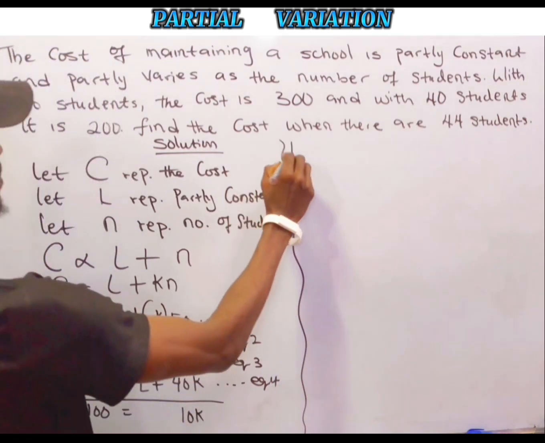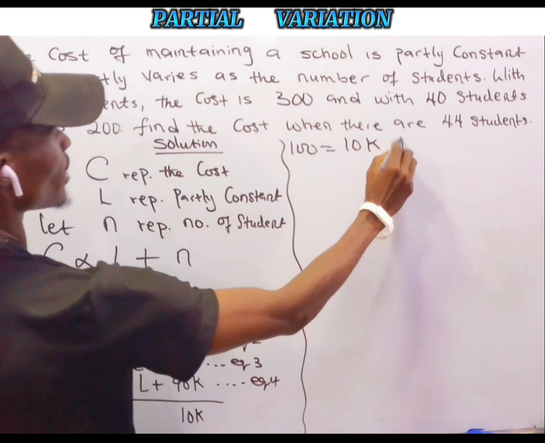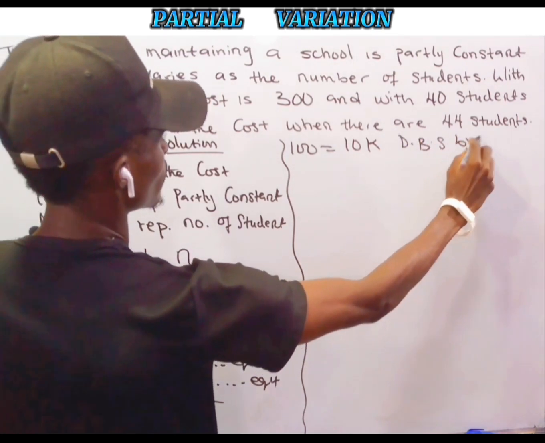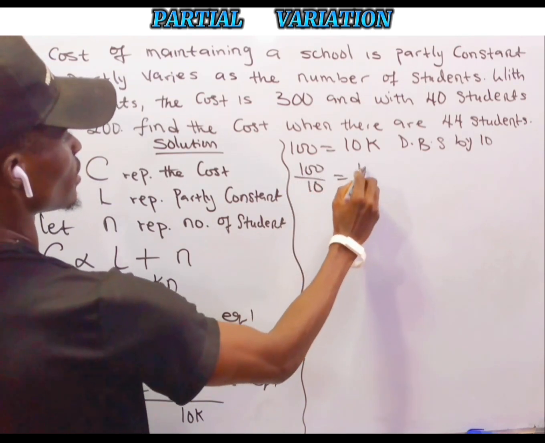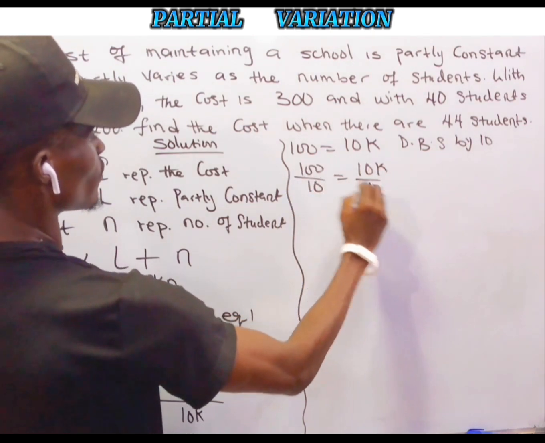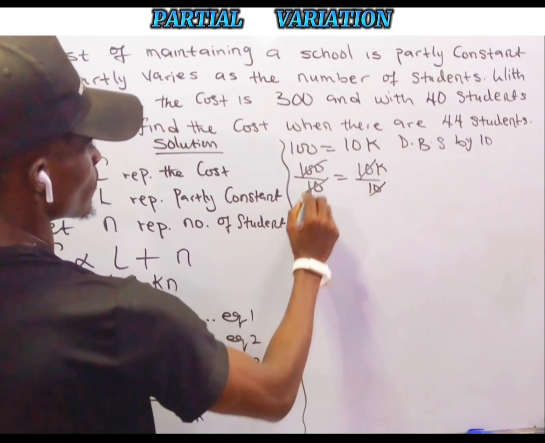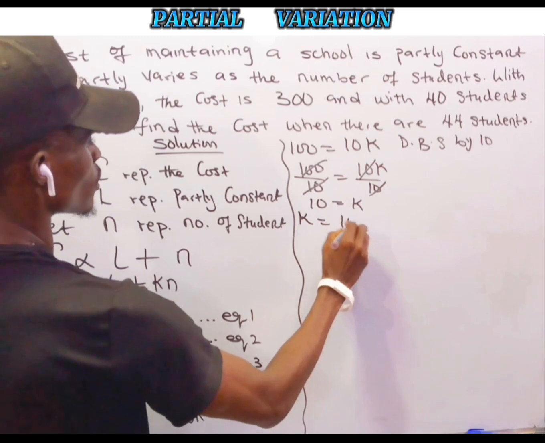So 100 is equal to 10K. Divide both sides by 10. We have 100 over 10 is equal to 10K over 10. That makes 10 equals K. So K is equal to 10.